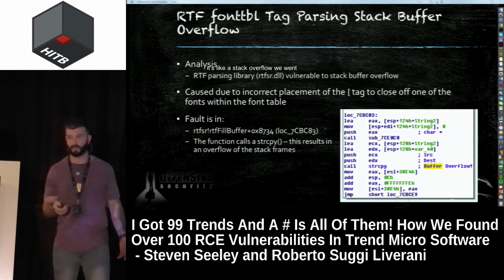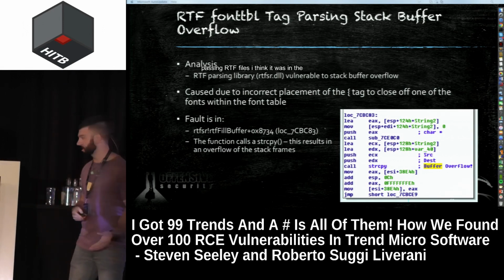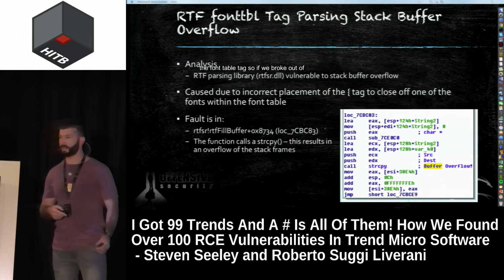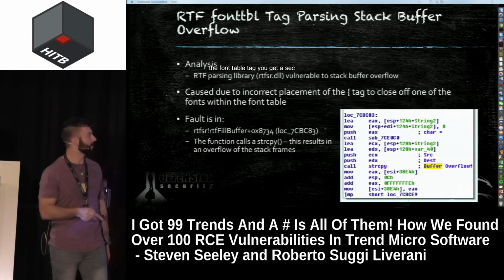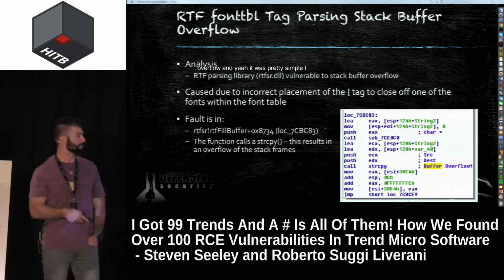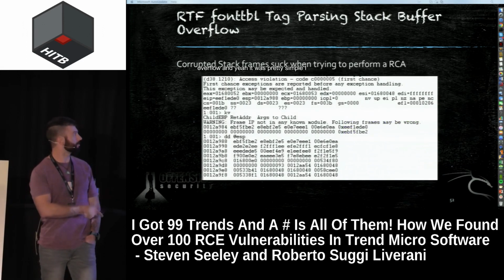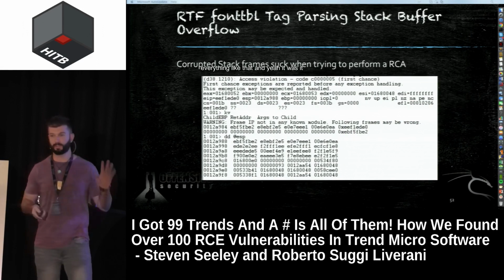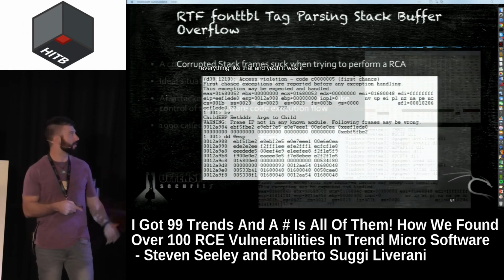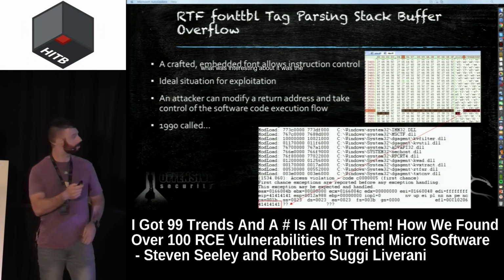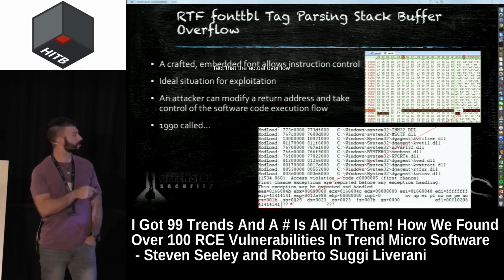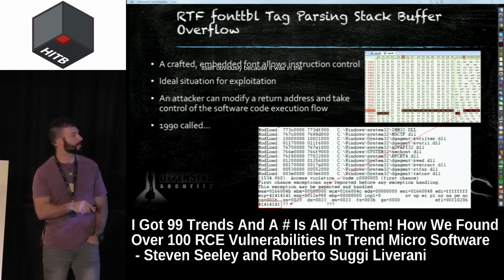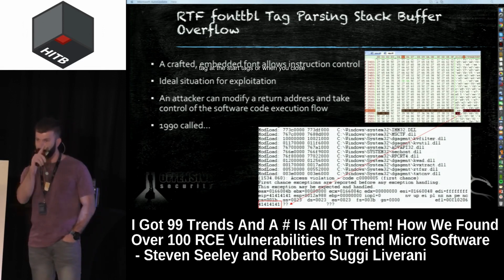Yeah, so it was a stack overflow when parsing RTF files. I think it was in the font table tag. So if it broke out of the font table tag, you'd get a stack overflow. And yeah, it was pretty simple. I think we smashed the stack and everything like that, and what was interesting about it was that the actual overflow used the data from the actual font itself, because it was in the start tag.